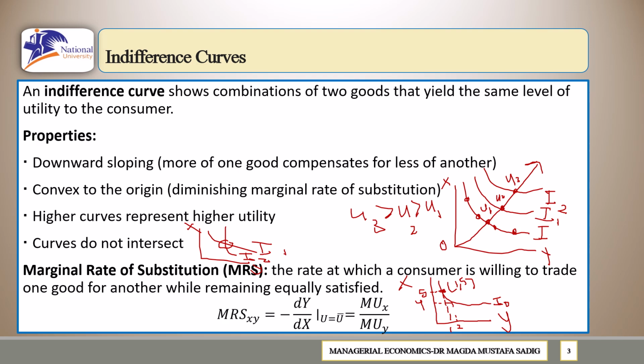So the marginal rate of substitution measures how much of one good the consumer is willing to sacrifice to obtain another while remaining equally satisfied. That is why it is the rate of change in Y over the rate of change in X, because the marginal rate of substitution is the slope of the indifference curve.